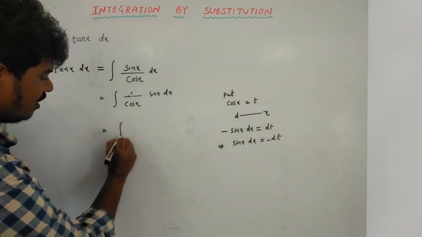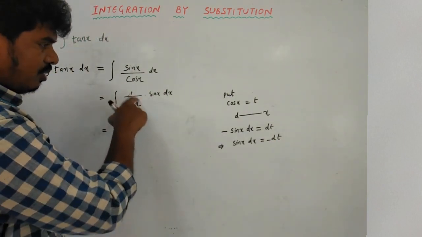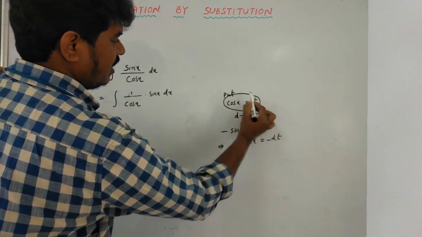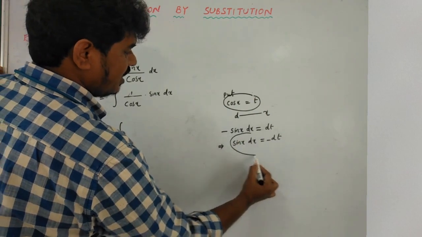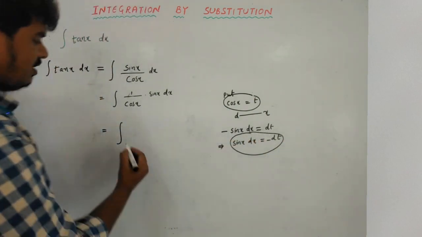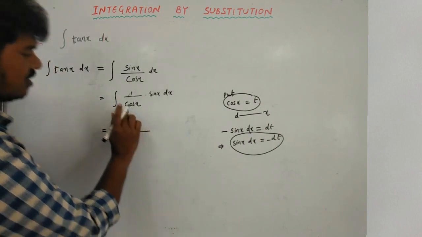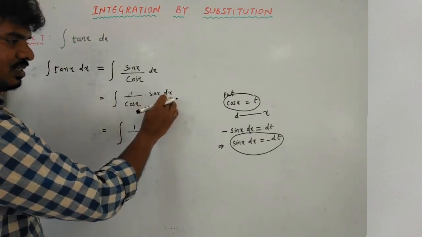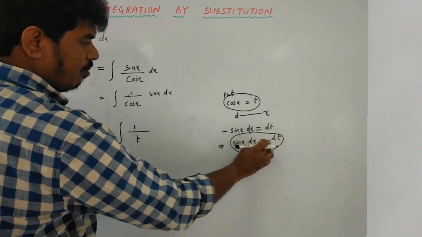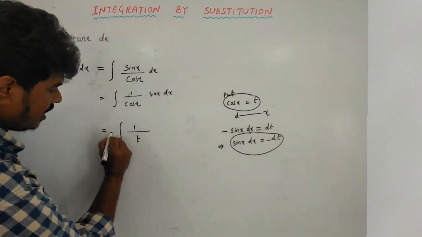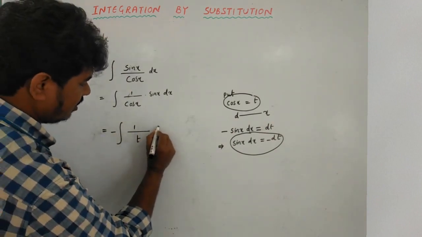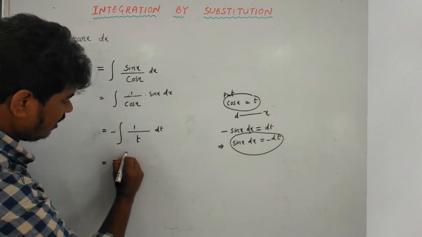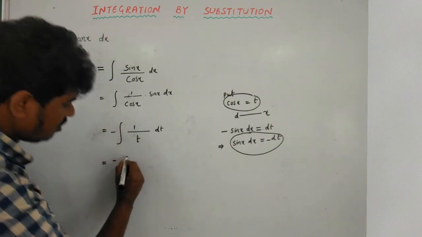So cos x can be replaced with t and sin x dx can be replaced with minus dt. So 1 by cos x means t, sin x dx means minus dt. Minus is a constant, I am taking it outside. Now this is equal to minus the integral of 1 by t dt, which is log mod t.